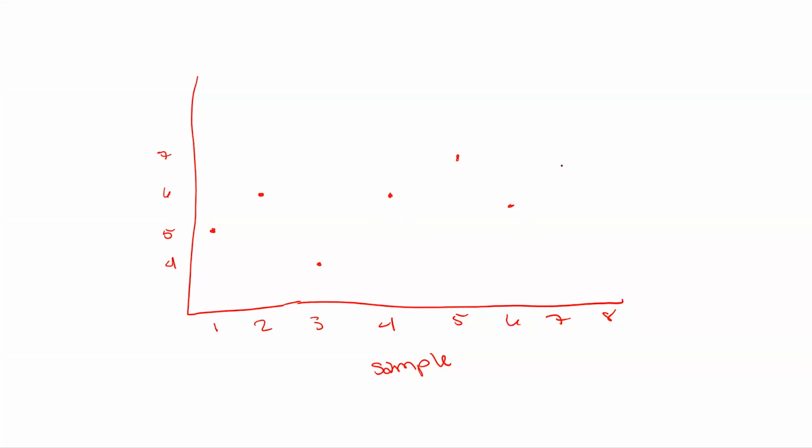So on and so forth, right? We've got this kind of random occurrence of the number of birds that we find on different days. And let's just say the average is around here, okay? So our average, or X bar.